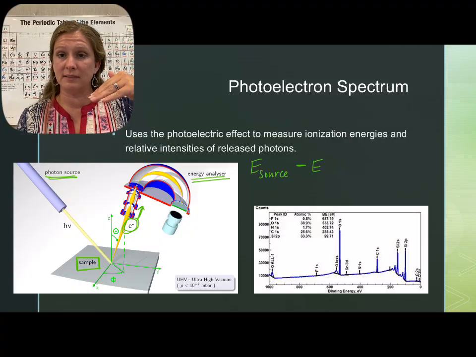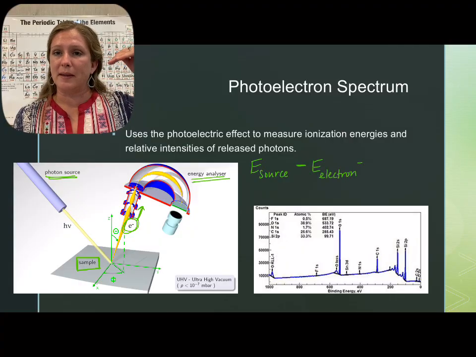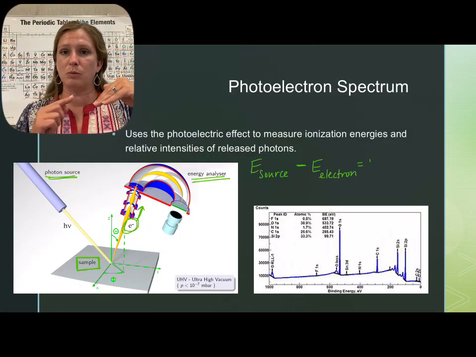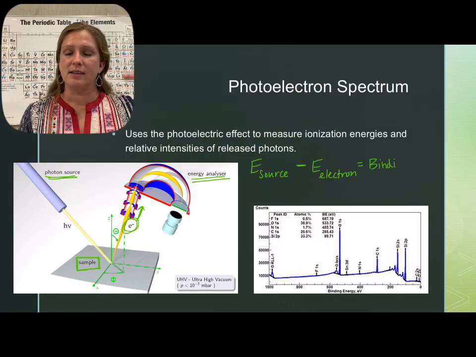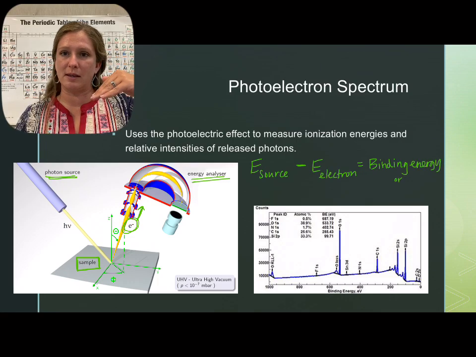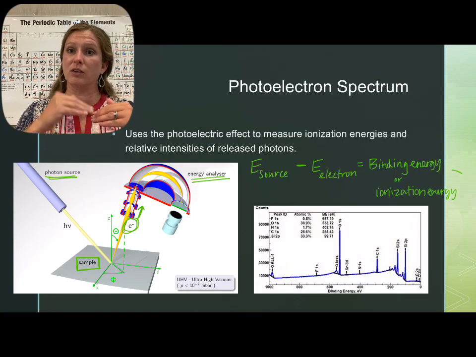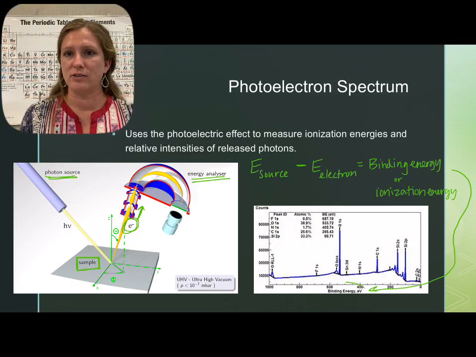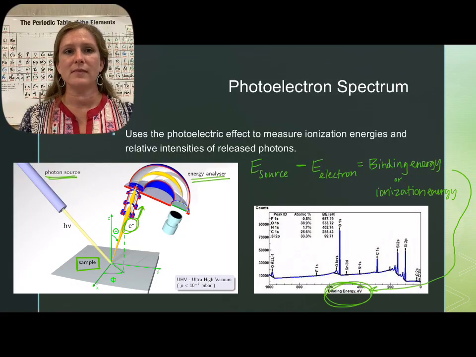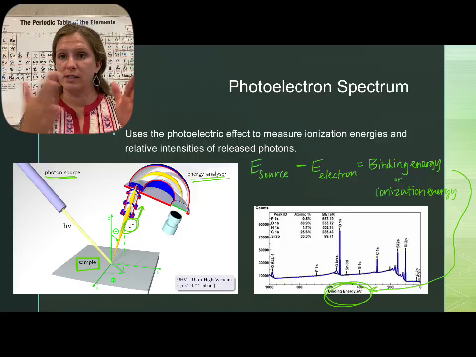Some sort of light, X-ray, radio, something, hits the surface. And when an electron is emitted, the difference between the energy that hit and the energy of the electron that's emitted can be calculated as the binding energy for that electron. So what was the energy that had to be overcome in order for that electron to be emitted? And they can be read in a detector and interpreted in some sort of graph or spectrum.